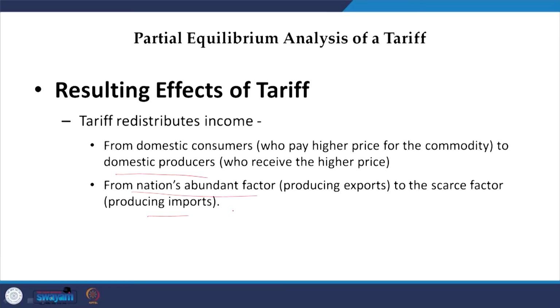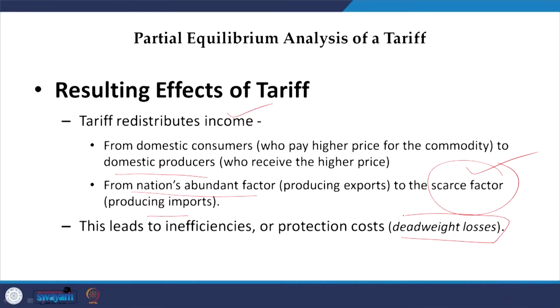Now, the tariff is going to protect those industries. So, the prices for those imported items where the scarce factors are used will be higher after the tariff. Therefore, there will be redistribution of income. So, tariff really helps in identifying those things.